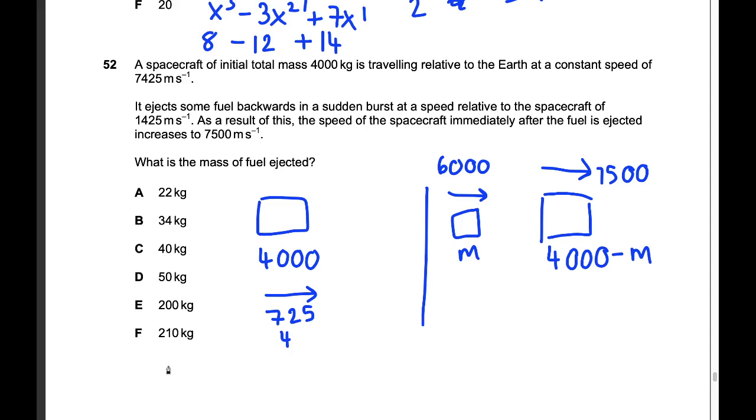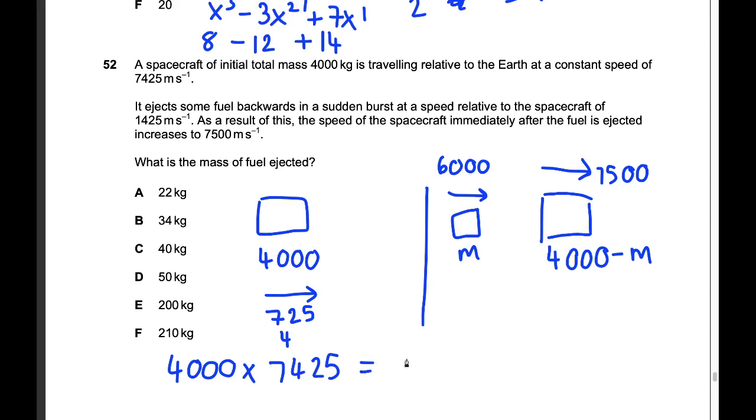I'm not going to bother calculating the results just yet because I think I can factorize this later and make the sums a little bit easier. Okay, so I'm going to go 4,000 times 7,425.